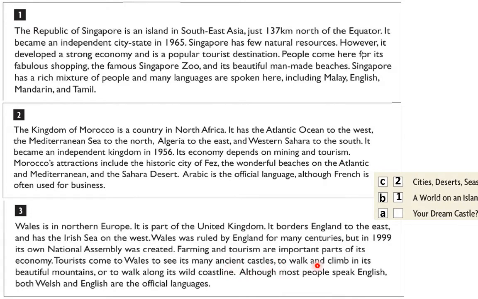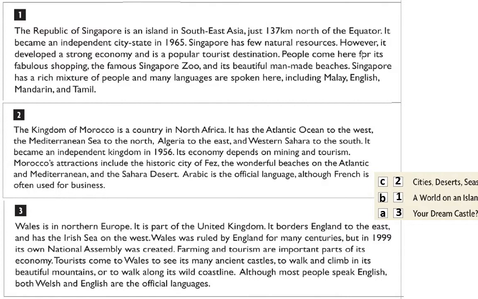So this paragraph matches with the topic of your dream castle. So now we did exercise 1 without intensive reading of the 3 paragraphs or even scanning them.